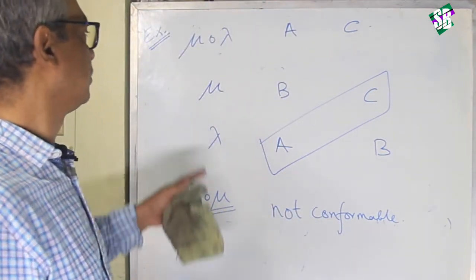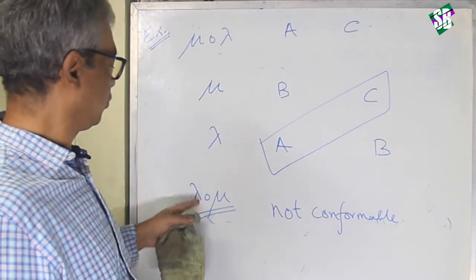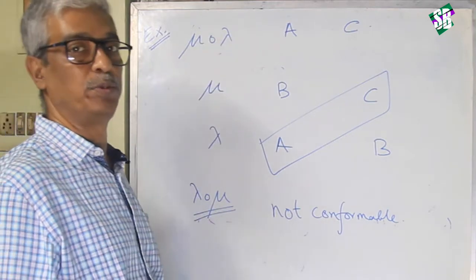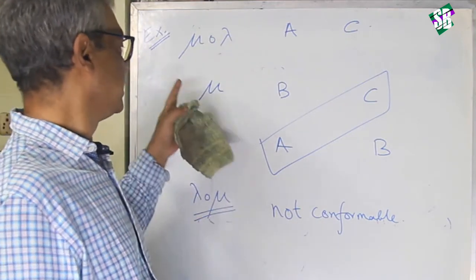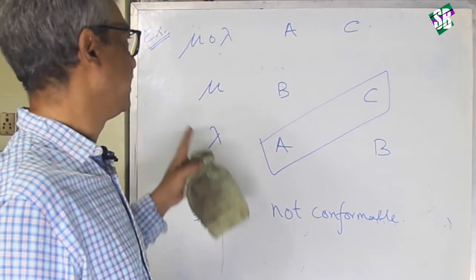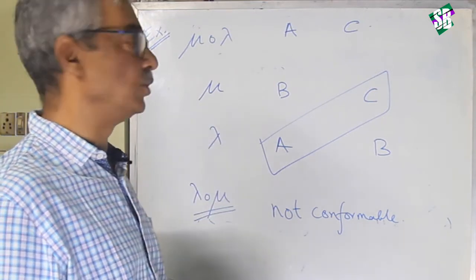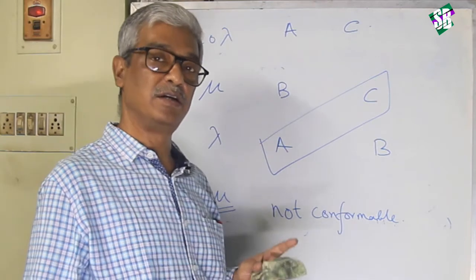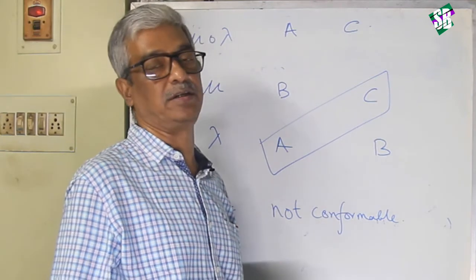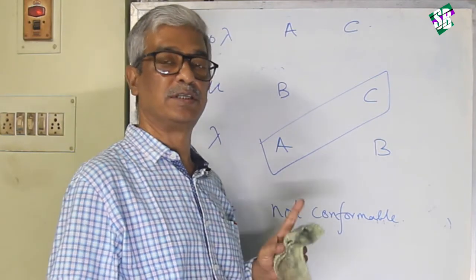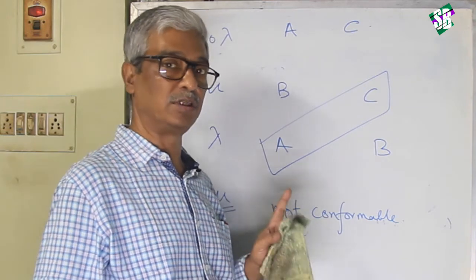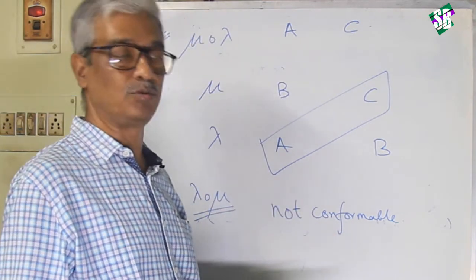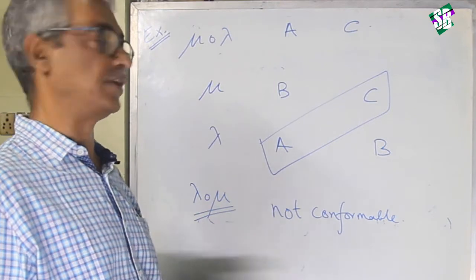So for both lambda o mu and mu o lambda to be defined, each of the binary relations lambda and mu must be defined on the same set. That means on the set A to the set A itself.